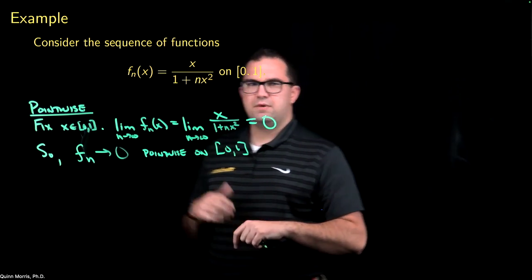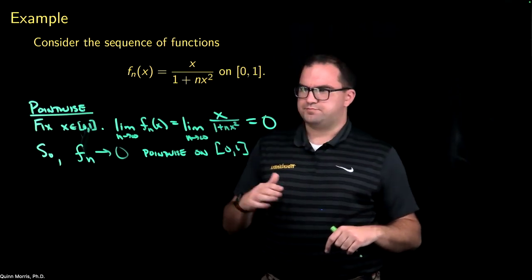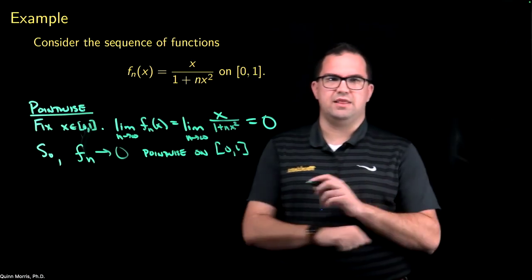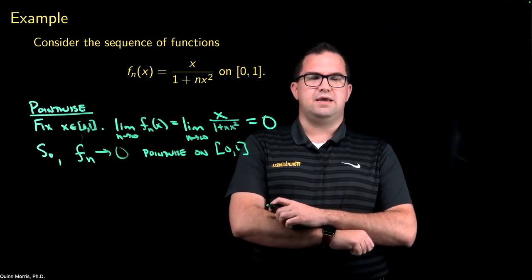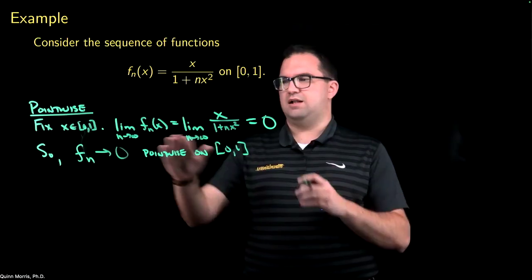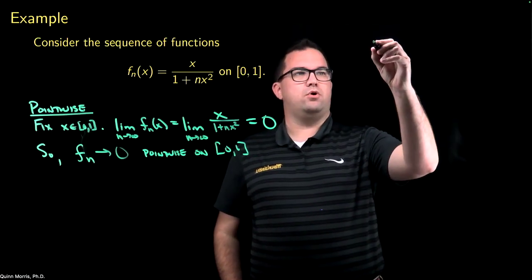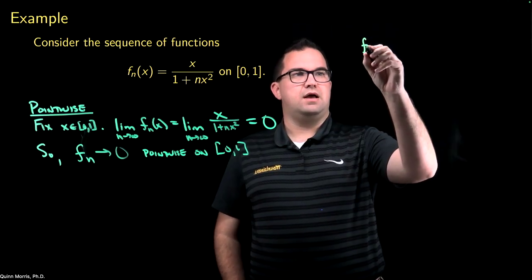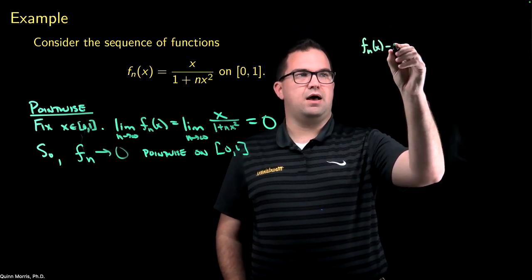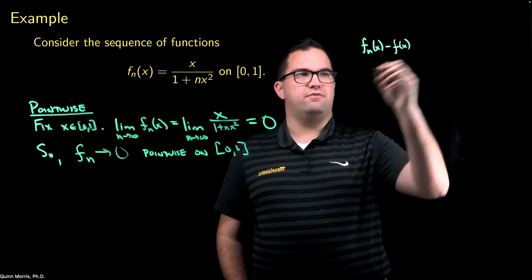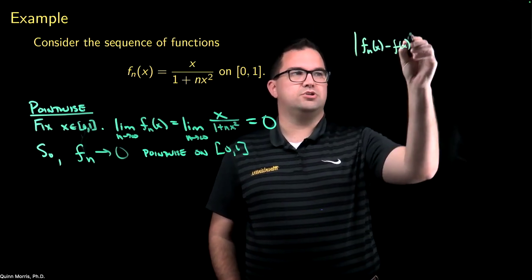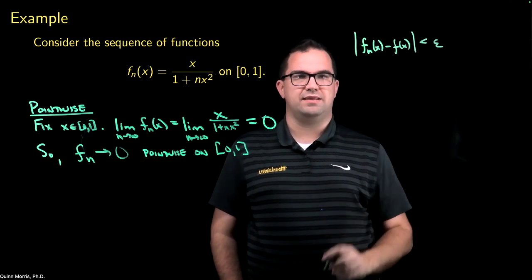Okay. Now, just think for a second, right? Normally, if I was going to do an epsilon delta style proof of this limit, I would want to look at f sub n of x minus f of x, and I'd want to show that in absolute values, I could always make that less than epsilon.